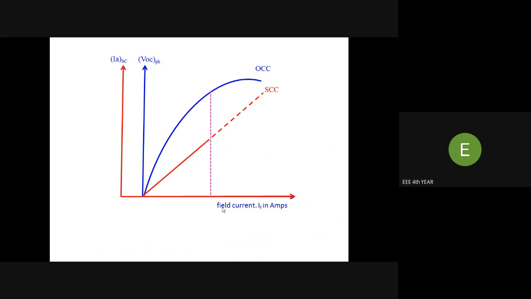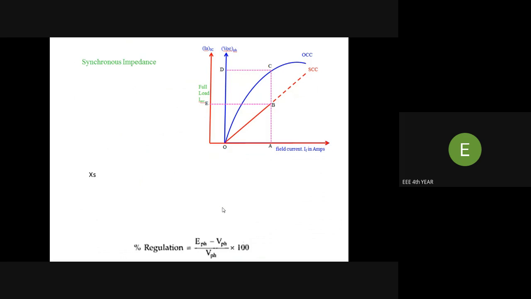These curves are used to determine the ZS value. At the full load armature current under short circuit conditions, we determine the synchronous impedance: Z equals the open circuit voltage per phase divided by the armature current at short circuit conditions. So we determine the phase EMF on open circuit and the phase current on short circuit.